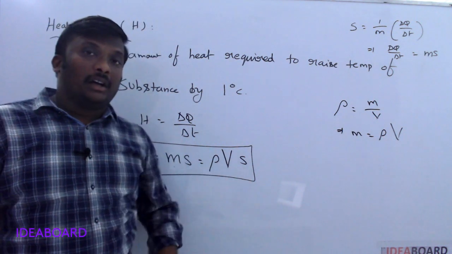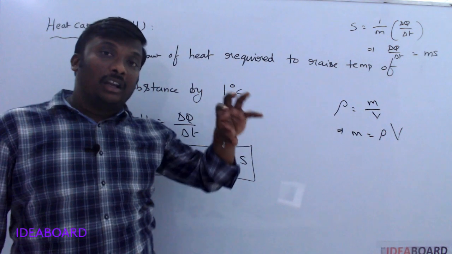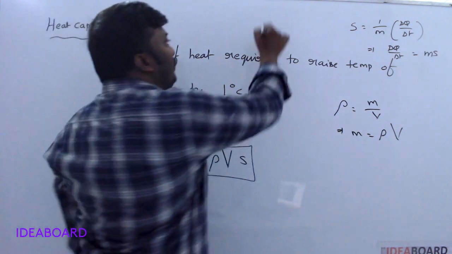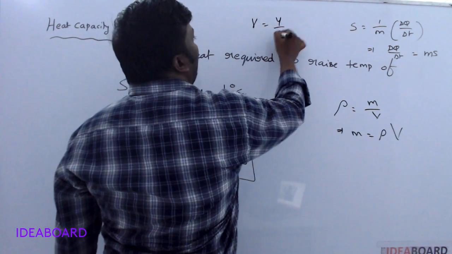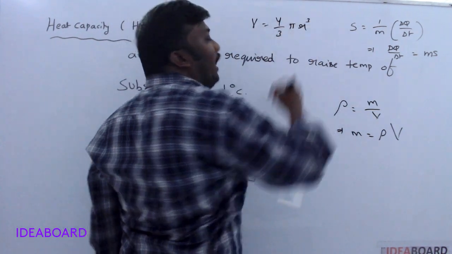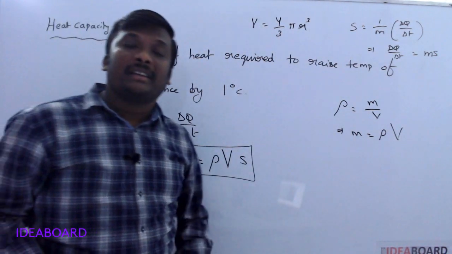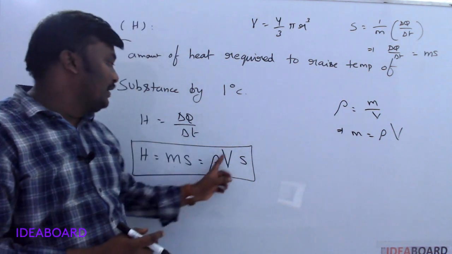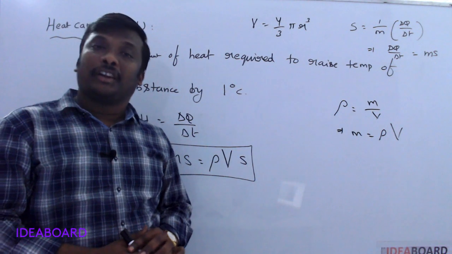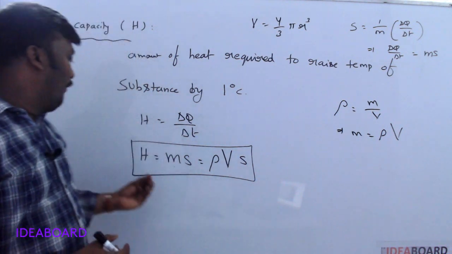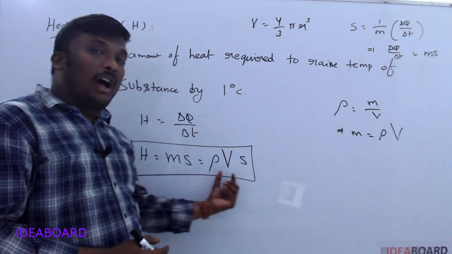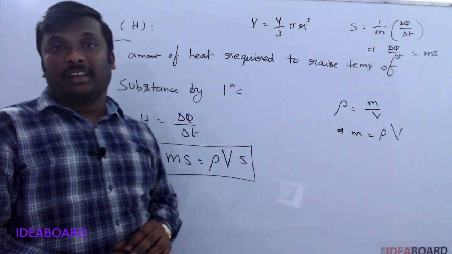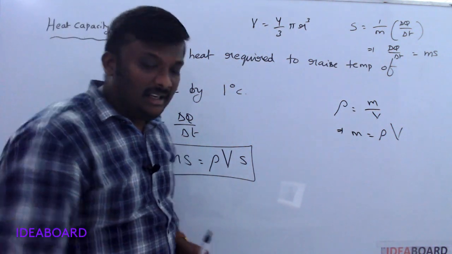Suppose in the given question they give the volume of a sphere. The formula for the volume of a sphere is 4/3 pi r cube. So if the radius of the sphere is given, then instead of V, you should write the r cube. Okay, so the formula for H is M S or rho V S. It depends on mass and specific heat. Clear now? Next.